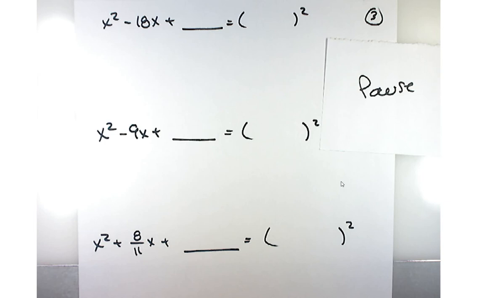Half of negative 18 is what? 9. That's the first step. Second step, square. That's going to be 9 squared. So that's going to come up here. And here, you don't want 9x minus 9x, because that would be negative 8x. You just want x minus 9. So you've got to get rid of that x there.